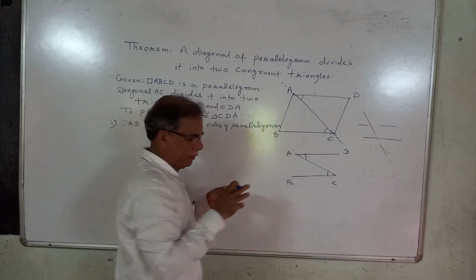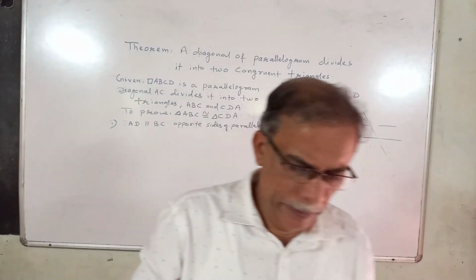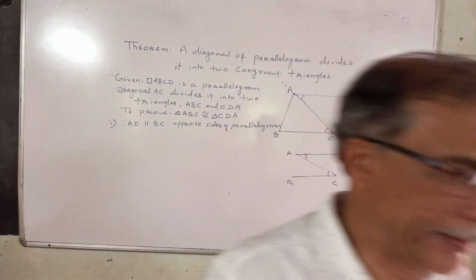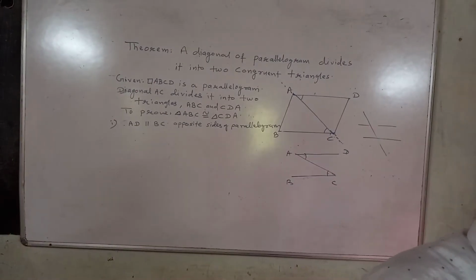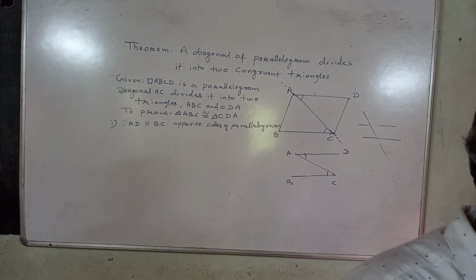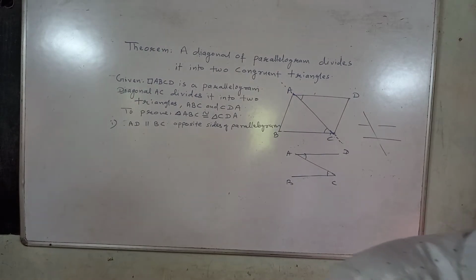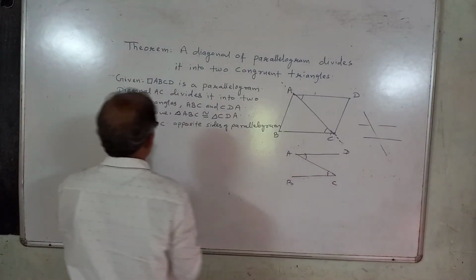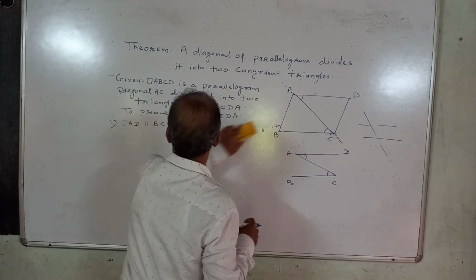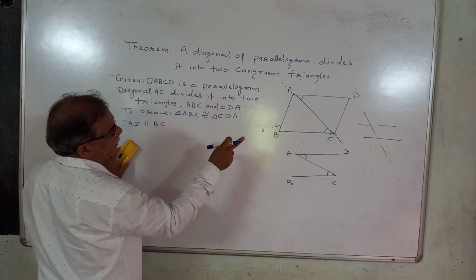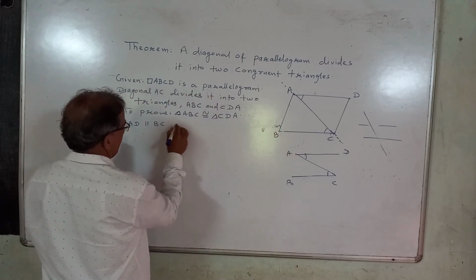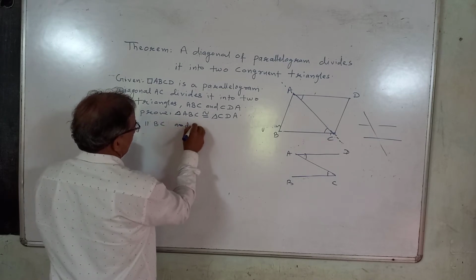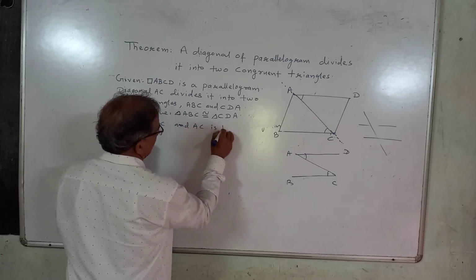Now, when two parallel lines are intersected by a transversal, what we know is that the alternate angles formed are what? Equal, isn't it? So now, in short, we can write AD parallel to BC, and AC is the transversal.